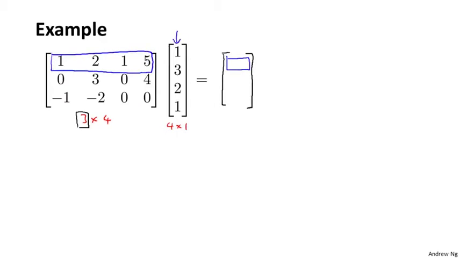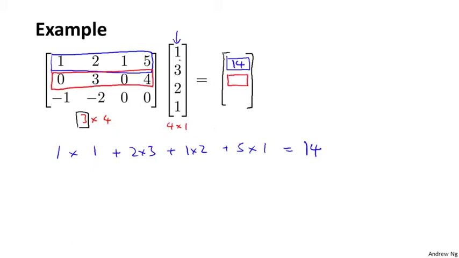So I have 1 times 1 plus 2 times 3 plus 1 times 2 plus 5 times 1, that's 1 plus 6 plus 2 plus 6, which gives me 14. And then for the second element, I'm going to take this row now and multiply it with this vector.